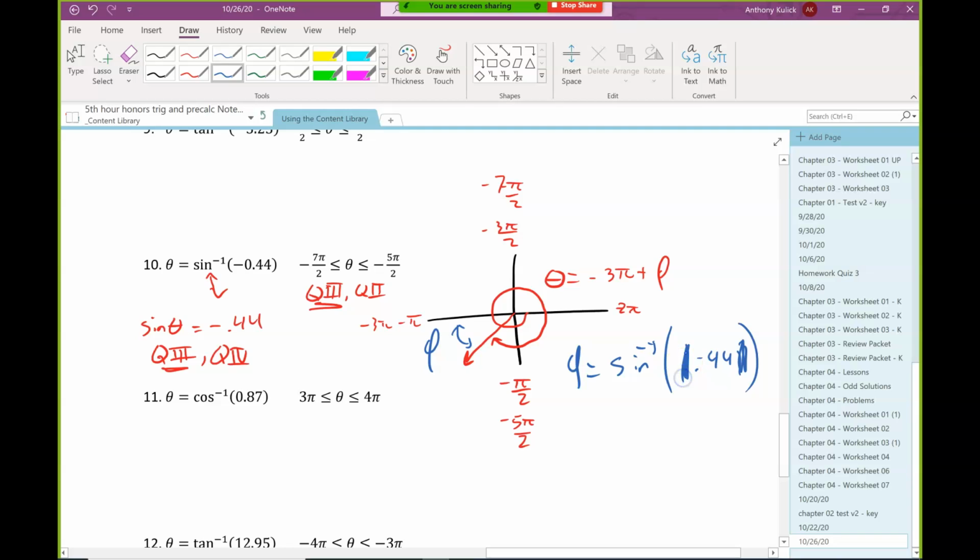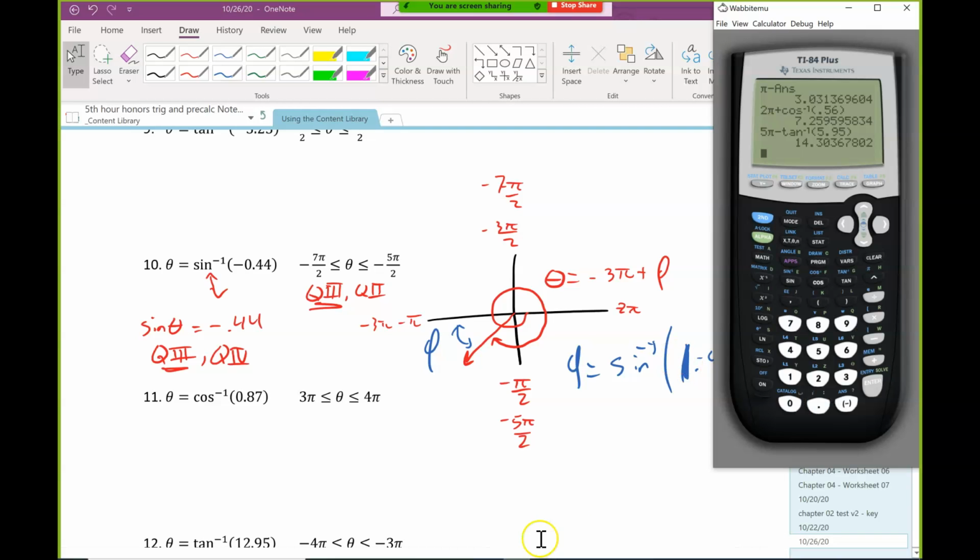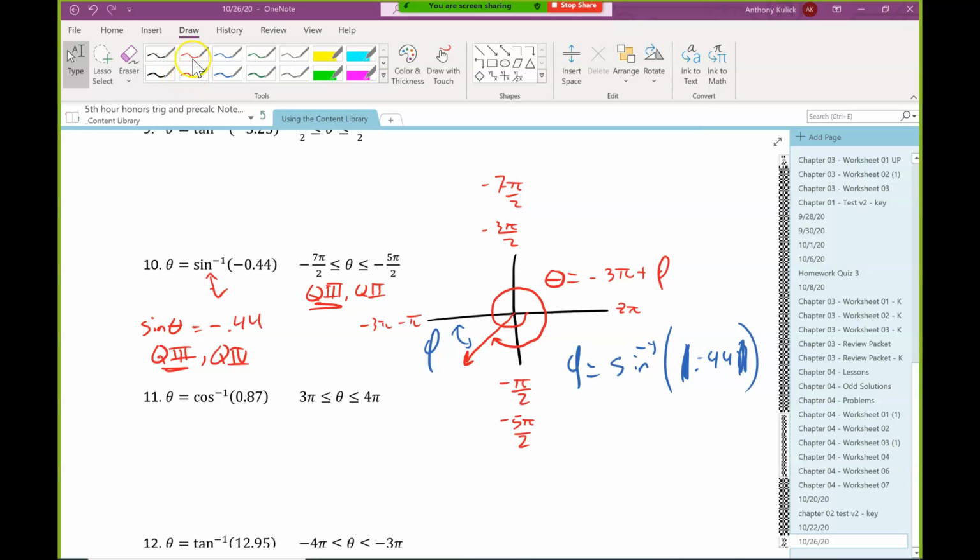Okay. So I have negative 3 pi plus sine inverse of 0.44. So that's negative, well, really, I'll call that 9.0, I guess, if I round to 2 decimal places, like the directions asked.